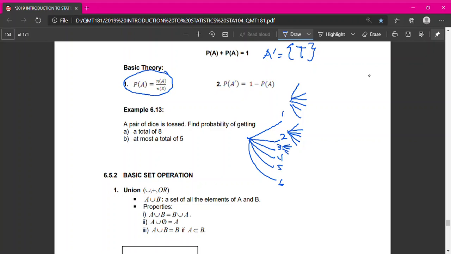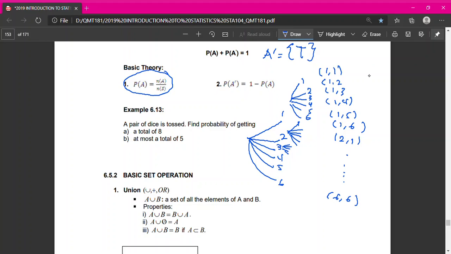Okay. So, kita punya a pair of the combination will be 1,1; 1,2; 1,3; 1,4; 1,5; 1,6. Lepas tu 2,1 pula. Sehinggalah 6,6.